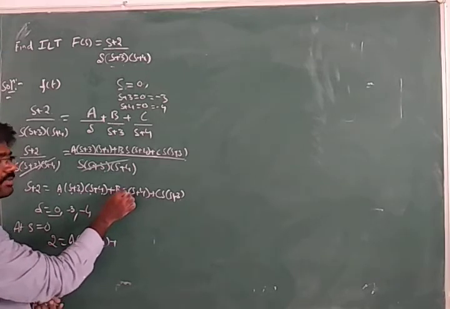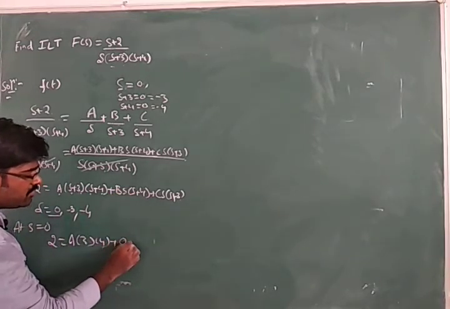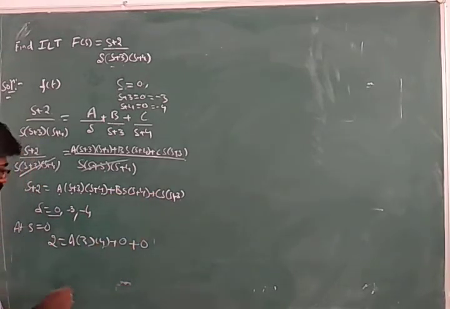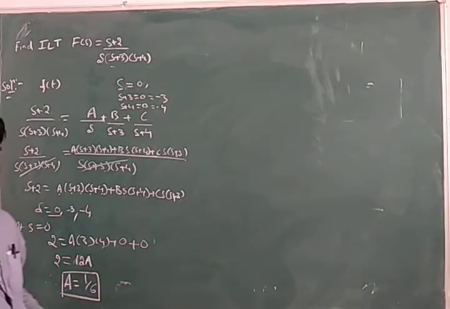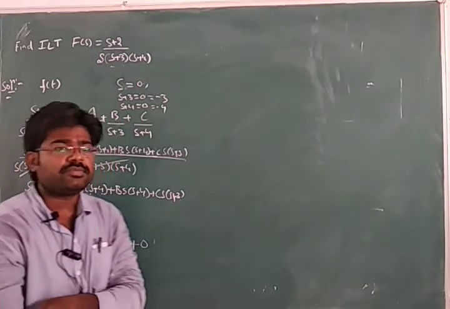Substituting s as 0, the other terms become 0. 3 into 4 is 12, so 12A is equal to 2. Therefore, what is the value of A? A is equal to 1 divided by 6.